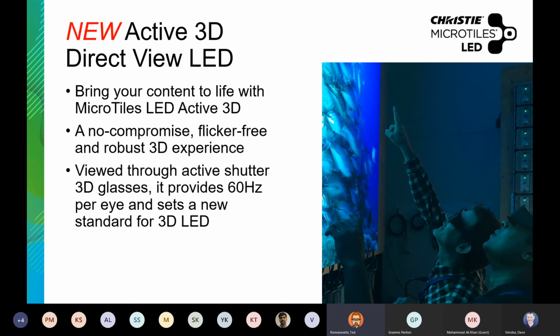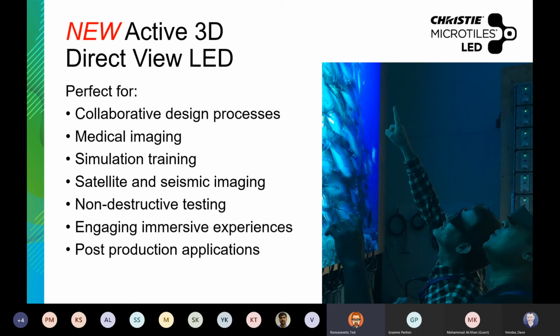So let's keep going to the next slide, and we'll demystify this and explain why it's better. But first, Active 3D is really good for specific markets. It's not really meant for a broad market, but really some specific applications like collaborative design processes.